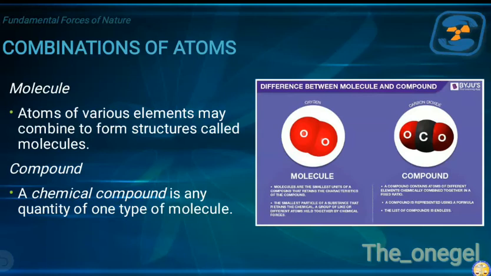A molecule is the smallest unit of a compound that retains the characteristics of that compound. We have an example there, 2 atoms of oxygen. That's a molecule, and a compound is defined as containing atoms of different elements chemically combined together in a fixed ratio, the complex form of a molecule.